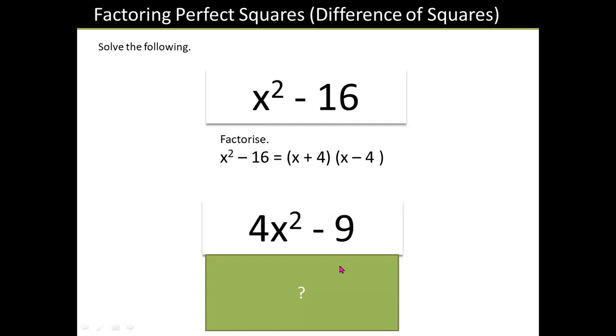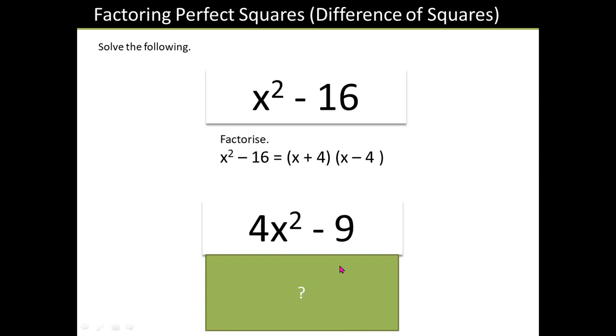4x squared. Okay, so this is just easy. Why? Because these are perfect square numbers. So 4, you have x squared, 9, perfect squares. So factors of 4x squared, 2x. That's good. Factors of 9, 3 times 3.